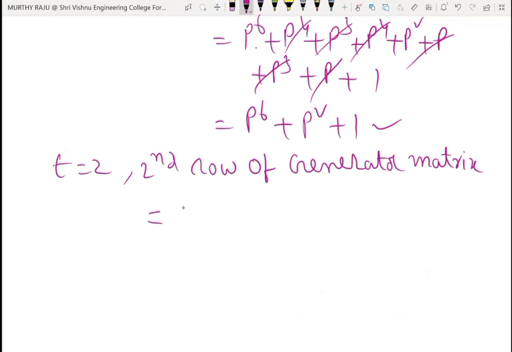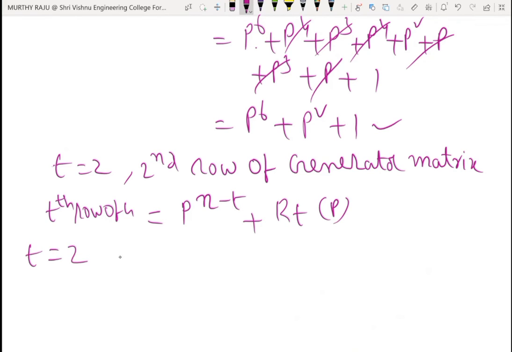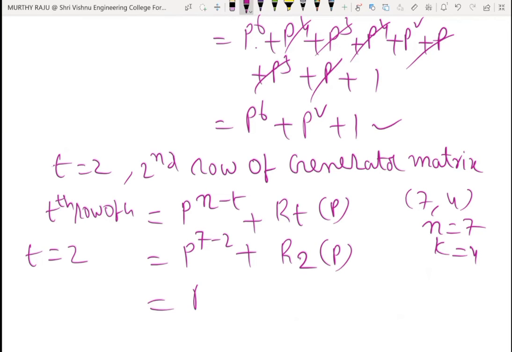The expression is: the Tth row of G is equal to P power n minus T plus RT of P. Here T is equal to 2, the second row. For the 7,4 cyclic code, n is equal to 7 and k is equal to 4. So 7 minus 2 plus R2 of P. Therefore, P power 5 plus R2 of P.